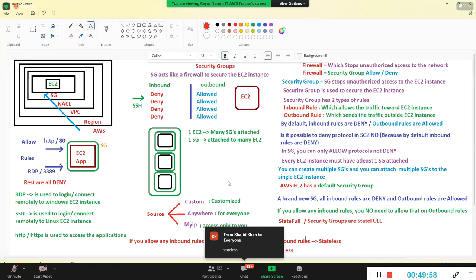Just remember security groups are always full and NACLs are less. In your certification question you will get which ones are stateful and which are stateless. Security groups are always stateful and NACLs are stateless. Now I'll talk about NACL. Is this clear till here, everyone?